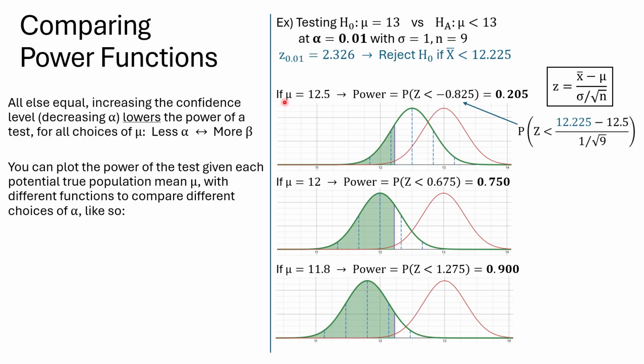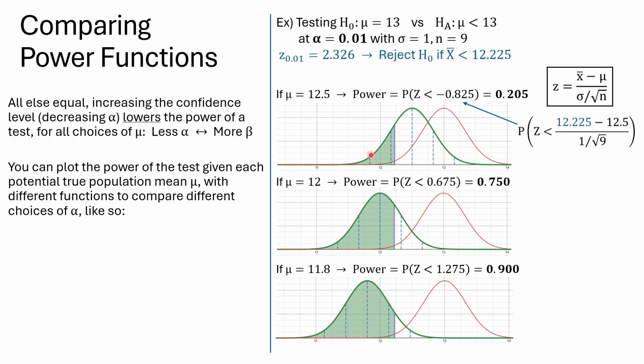And so then if we were to calculate the power now, if the true mean were 12.5, the power would only be 0.205. So see, we have a lot more overlap now because this rejection region is farther away from mu, so it's harder to reject the null hypothesis, which might be a good thing depending on the application, but it also means that it is much more likely to commit a type 2 error.